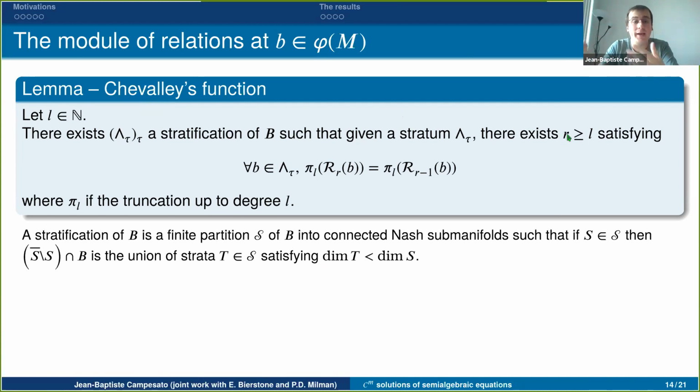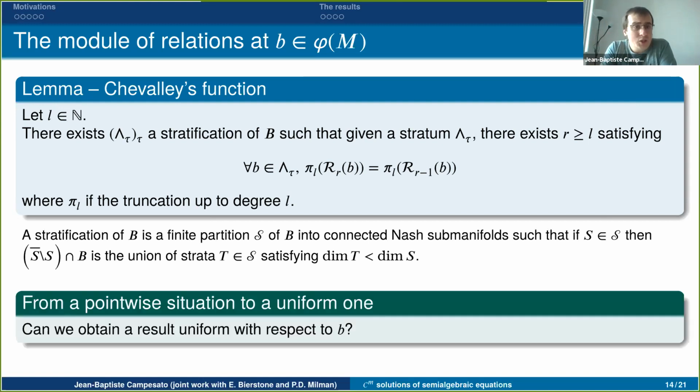So we will associate to L this R, such that when we look at the module of relations for an order R large enough, when you look at the truncation of the element W up to order L, we won't lose information as soon as we look at R big enough. So that's more precise. That's what I explained a little bit informally on the previous slide. And that's what is going to give us this kind of uniqueness informally.